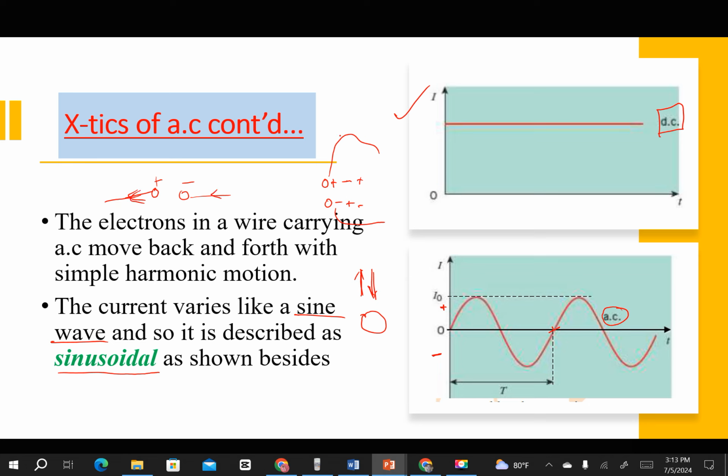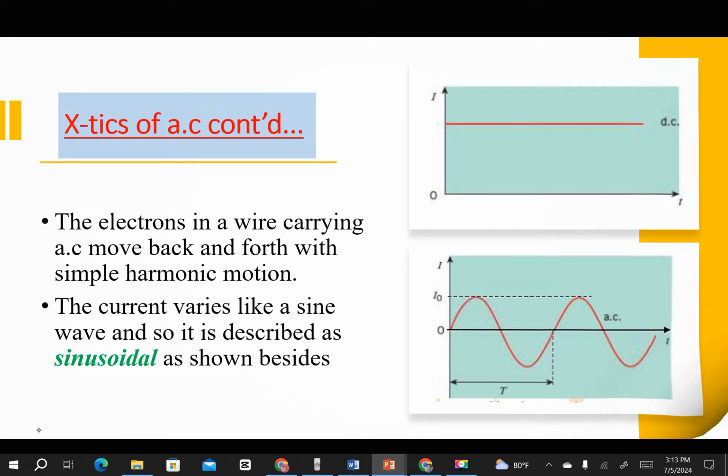For alternating current, the first half cycle it may be flowing like this, the second half cycle it reverses direction. That's the difference. So we describe this kind of current as being sinusoidal. Sinusoidal is of course coming from sine.